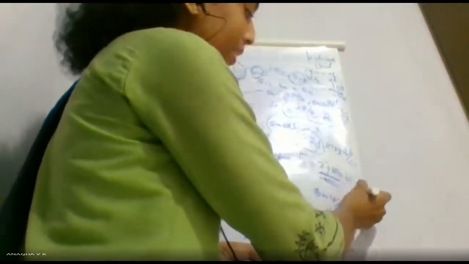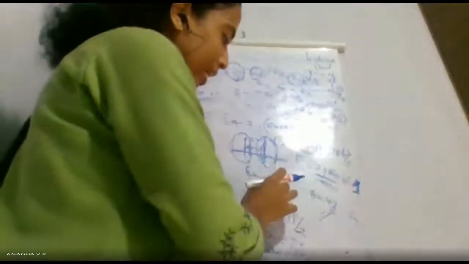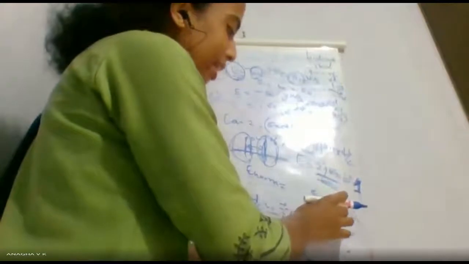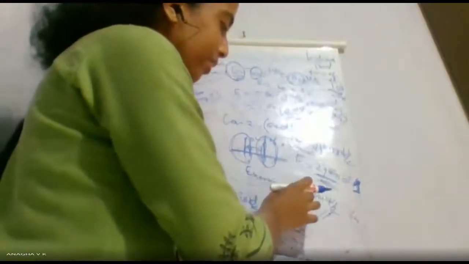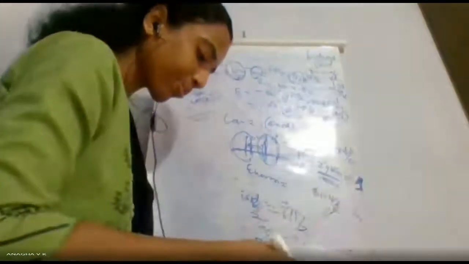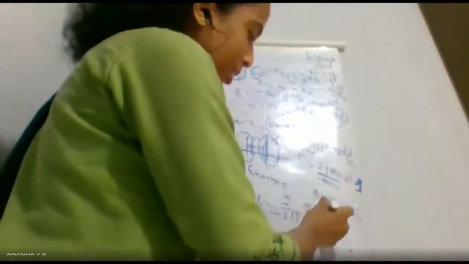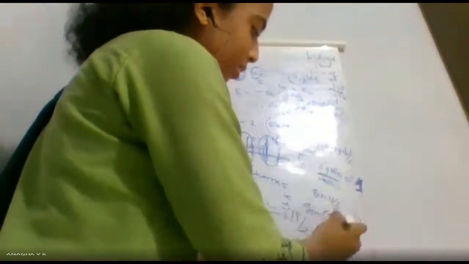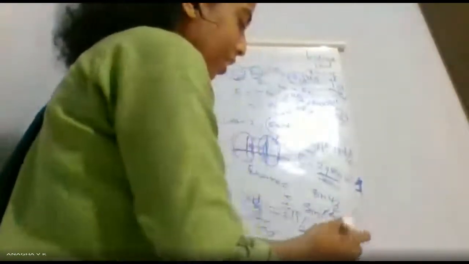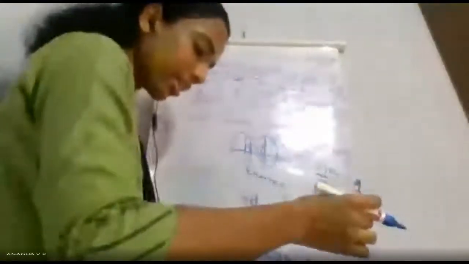So E norm equal to sine psi by 2. And psi by 2 we got as pi by 2 cos theta, so E norm equal to sine of pi by 2 cos theta.